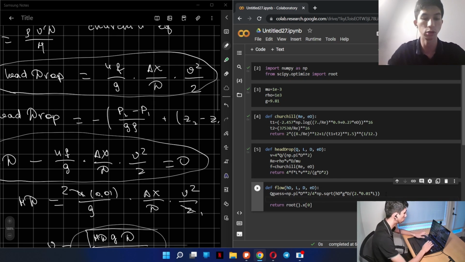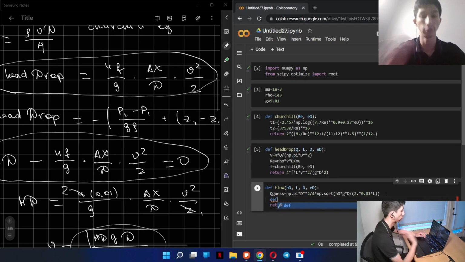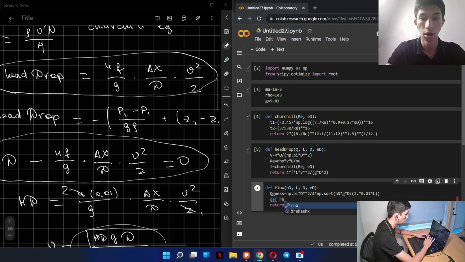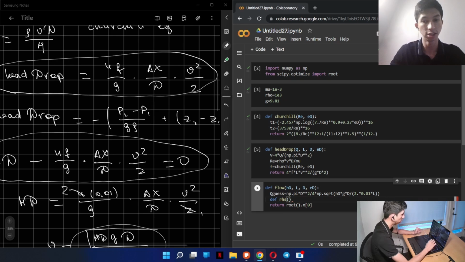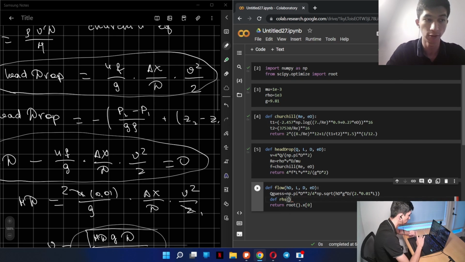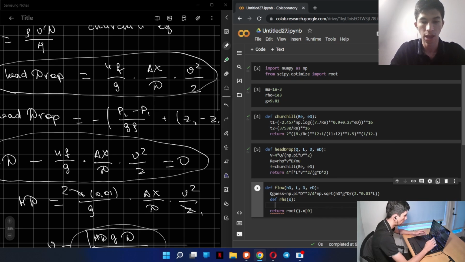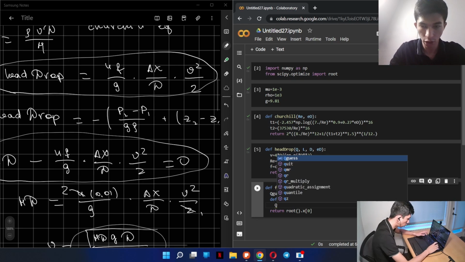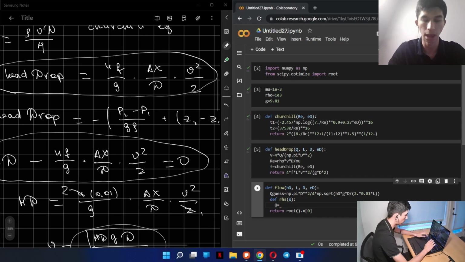So as I said, we're going to use the nested function. Inside of our flow function, we need to provide a right hand side function. What is it going to take? Just a vector, right? And our vector is going to be the Q, so the flow rate is going to be the first element in our vector.